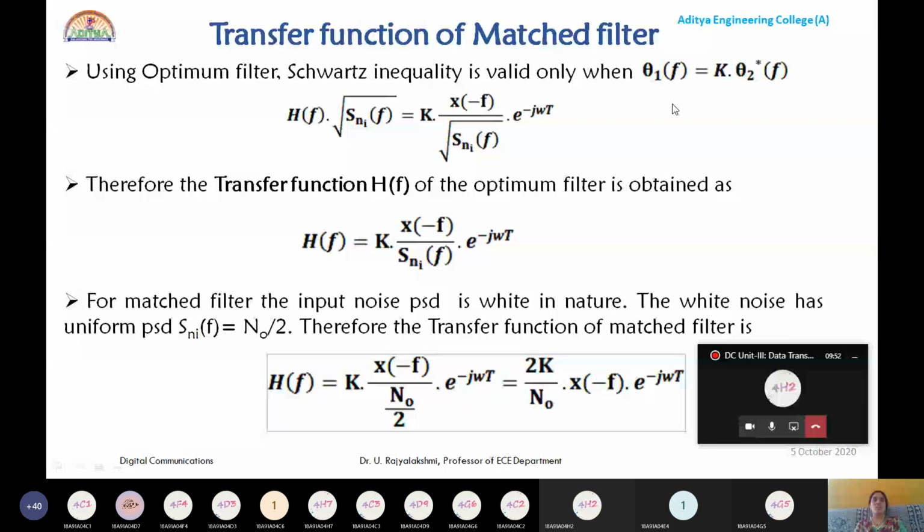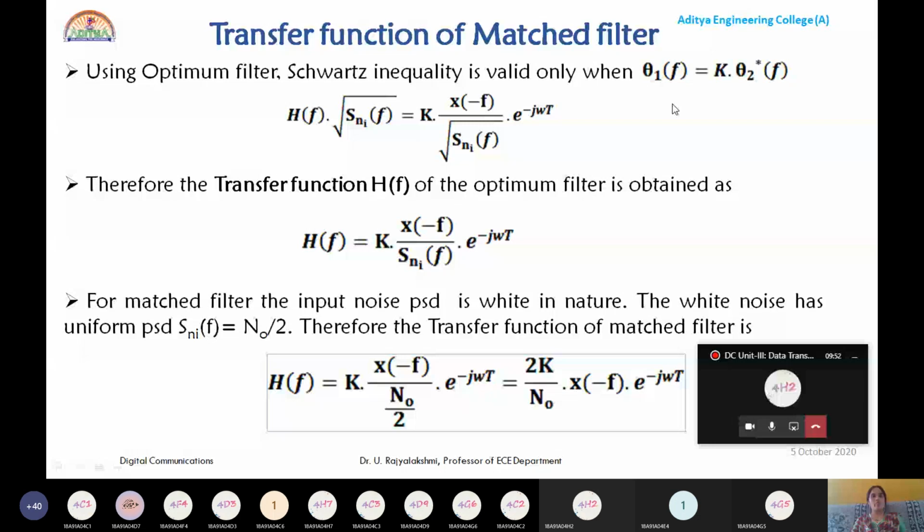So to get the impulse response from the transfer function, the impulse response is the integral from minus infinity to plus infinity of h of f into e power j omega t.